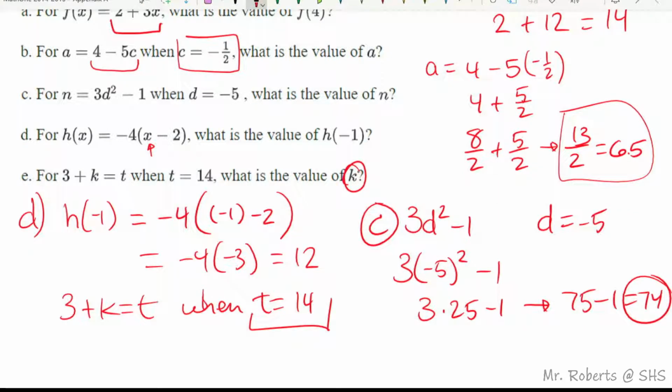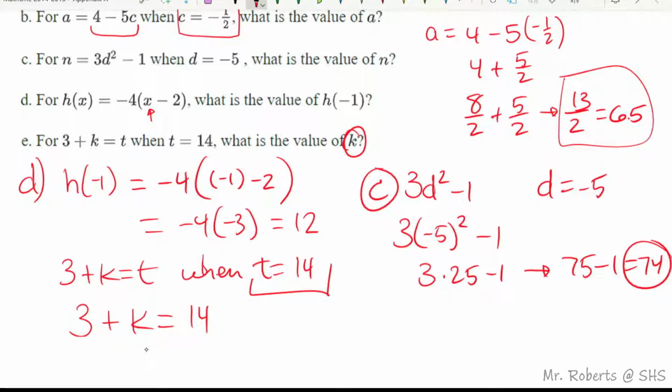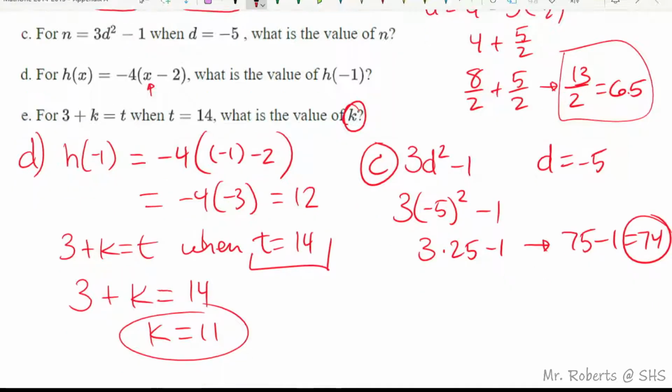T was 14. So I'm going to write 3 plus k is the number 14. And then to get k alone, I'm just going to take away 3 from each side. So minus 3 on each side, I get that k has to be the number 11. So when t is 14, k will equal 11. All right, that's it for the second question.